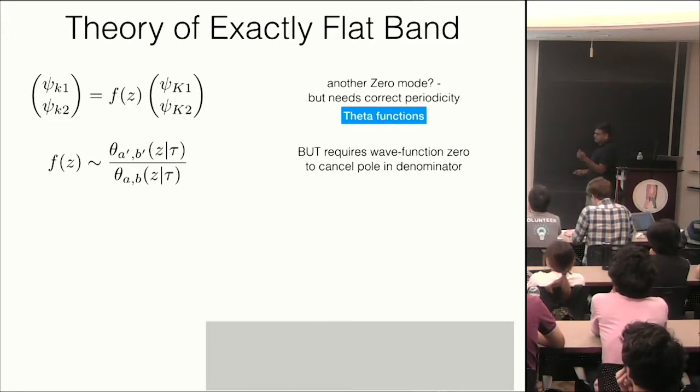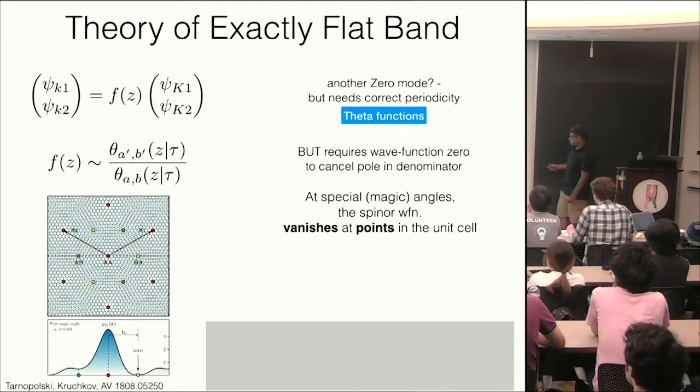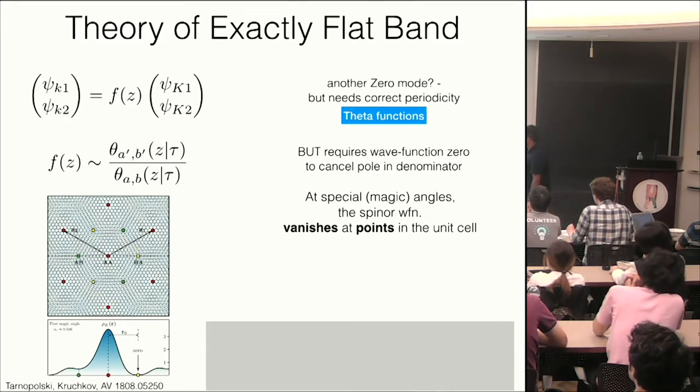So you'll have to have two complex numbers going to zero at a particular point in the Brillouin zone as you tune this angle. And that's really where symmetry helps you. It turns out there are certain points in this Brillouin zone where this wave function is a single component real number. Those are these yellow and green points.